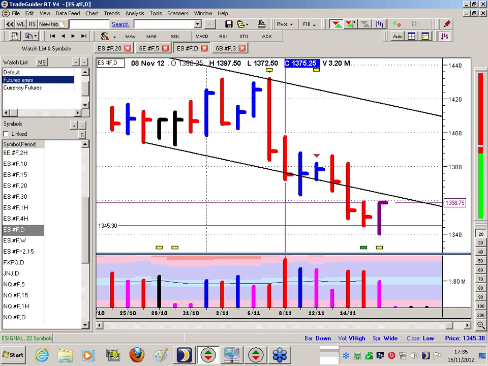Don't forget, stopping volume will only occur after you've seen a down move. The market becomes vulnerable to one or more professional groups saying, right, I think we can make something here, and they'll move into the market. But before they can do that, they've got to put all what we call weak holders under pressure.